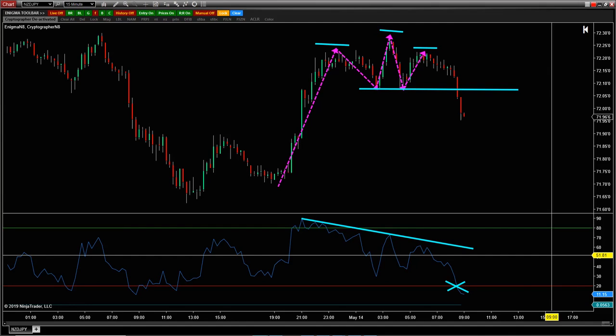In reality, crossing the 20 line actually means high momentum, lots of selling pressure. Now, lots of selling pressure may lead to a retracement, but if you're a breakout trader, and I'm not a breakout trader, it is actually a positive sign.